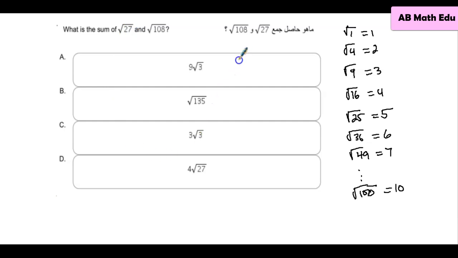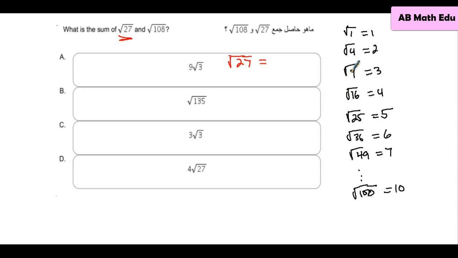So here we are going to do individuals of this. So square root of 27. We want to break it down into these numbers. So 25 definitely cannot go in here. It's not divisible. Now 16 is not divisible because 16 times 2 is 32, so it's more than that.